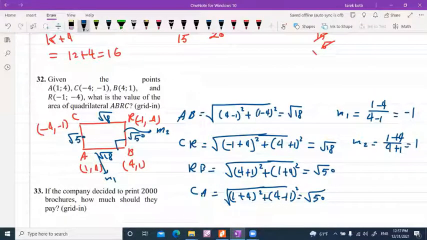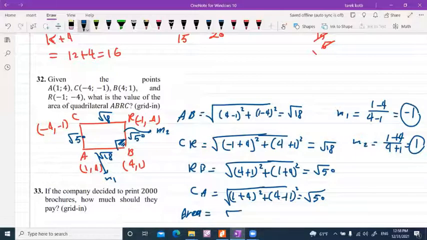So you can see that this is 1 and negative 1. It means that this is the negative reciprocal of the other one, so this angle is 90, so this is a rectangle. Now I want to get the area. The area of the rectangle equals the length times the width, which means root 50 times root 18, which gives me 30.